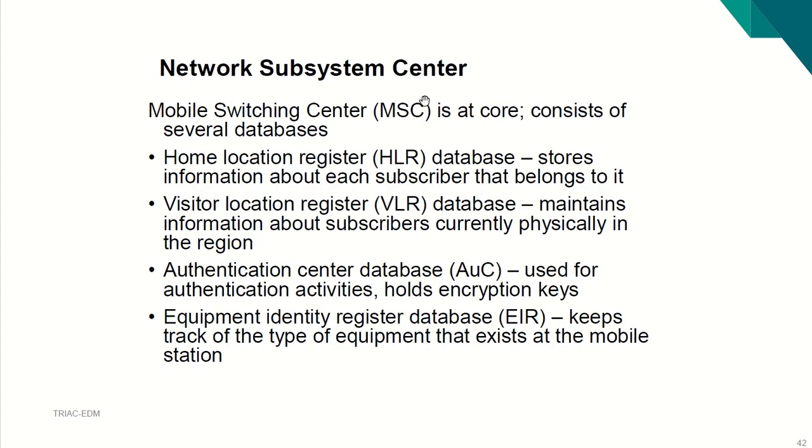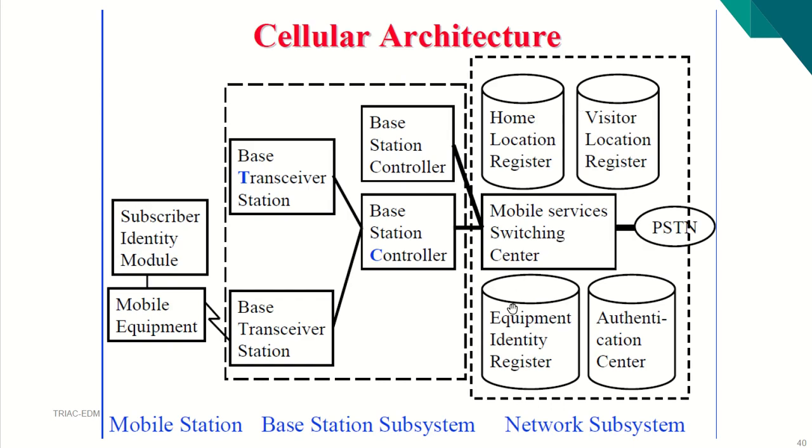Then the network subsystem. The mobile switching center is a core. So that's sort of a core network, and it consists of several databases. So let's move back a little bit. This whole thing is in the center of the network.